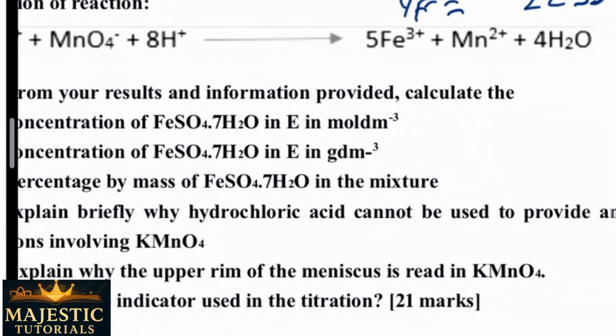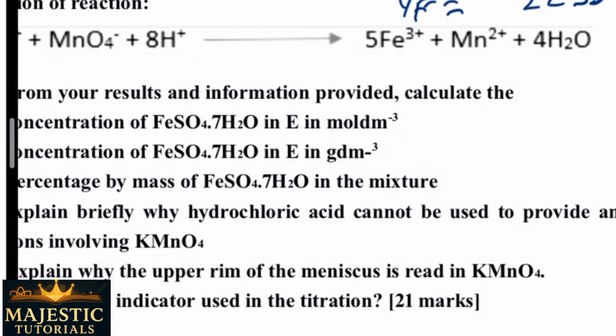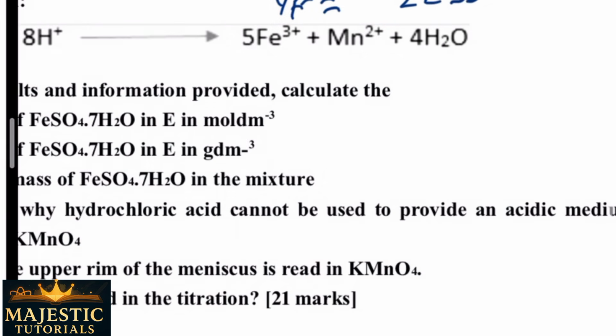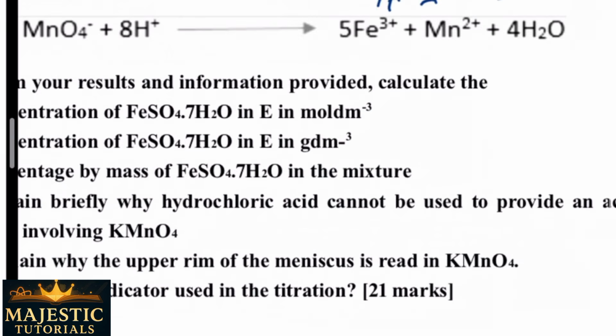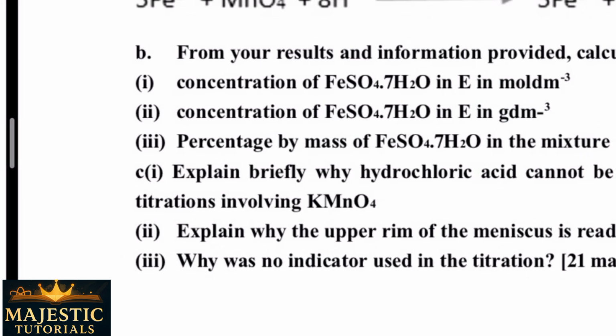Explain briefly why hydrochloric acid cannot be used to provide an acidic medium in the titration involving KMnO4. I indirectly explained it when I condemned sodium chloride as an impurity, because of the possibility of H2SO4 displacing HCl from sodium chloride, which will react with this KMnO4 and reduce it.